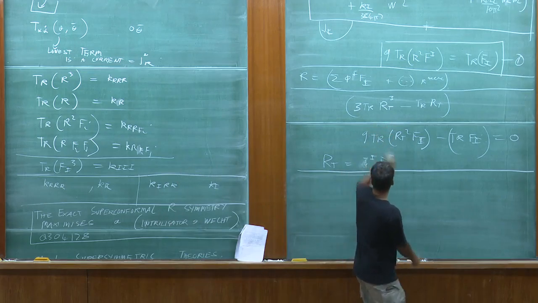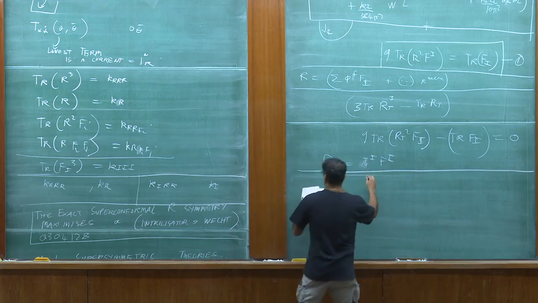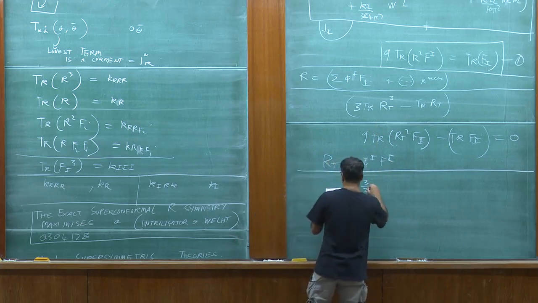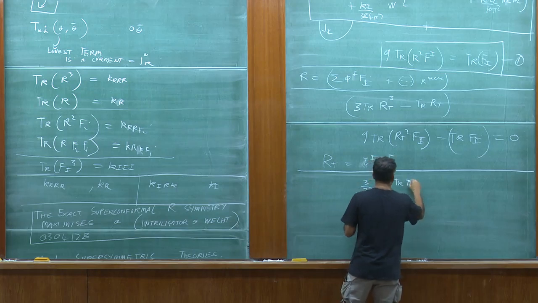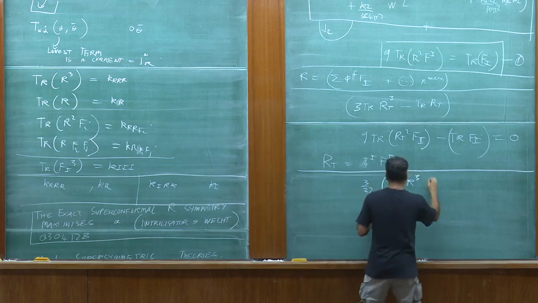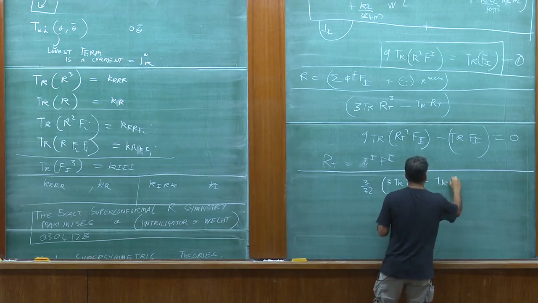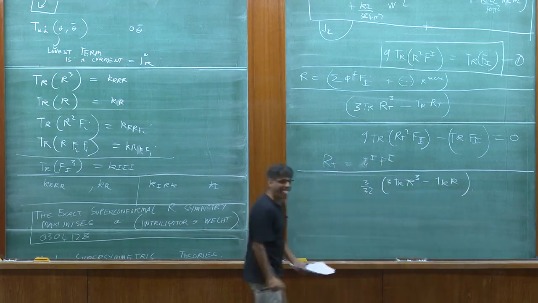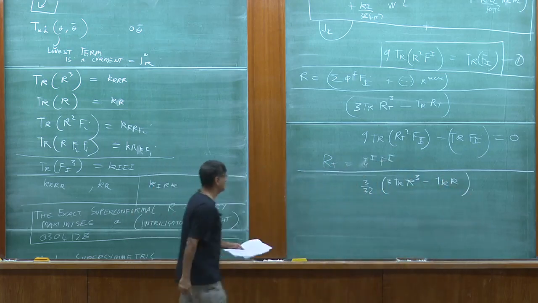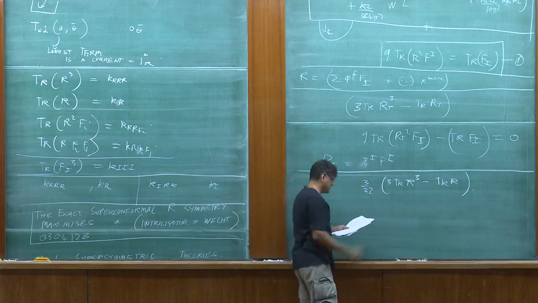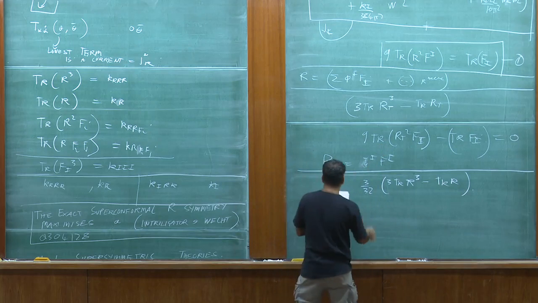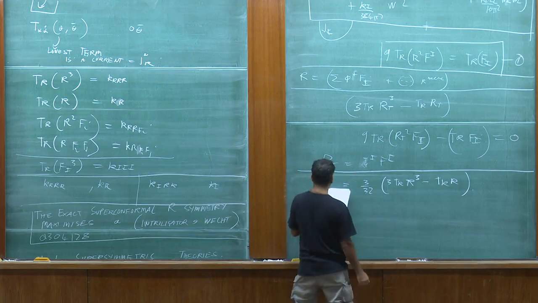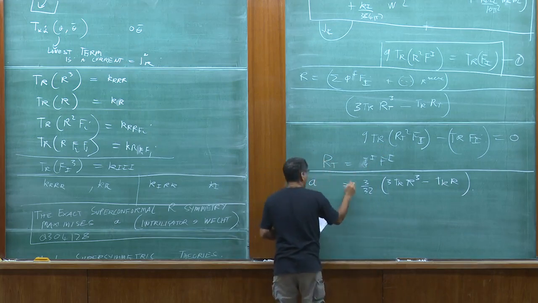It's not a new quantity. In fact, if you write this quantity, 3/32 (3 trace R cubed minus trace R), it's just a constant times the old quantity. This is a quantity that people had defined before and called A.